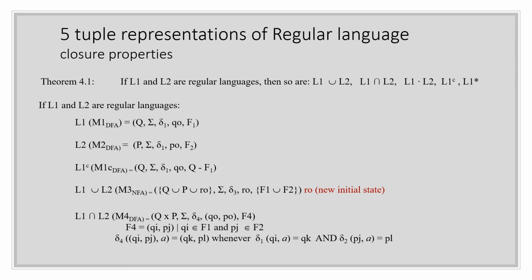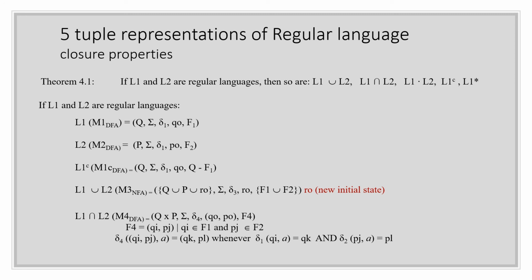Your initial state will be the combined state of Q0 and P0. Your final states would be the combined states of QI and PJ, as long as they're accepting in both of your DFAs. Like we just showed in the last one, it must be accepting in both in order to be a final state.